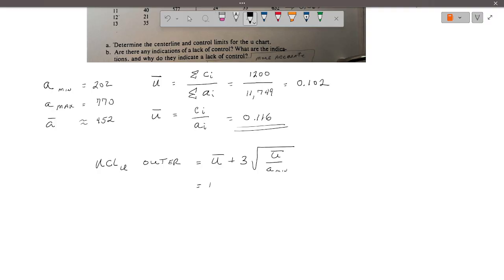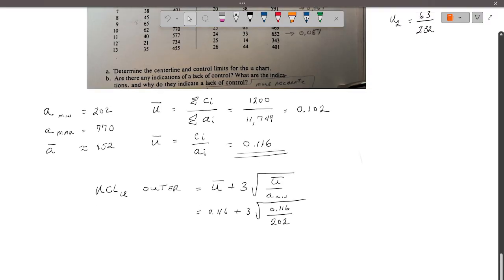That'll be 0.116 plus 3 square root of 0.116 divided by 202. Yeah, because 202 was my minimum number. Okay, so that's based up here.